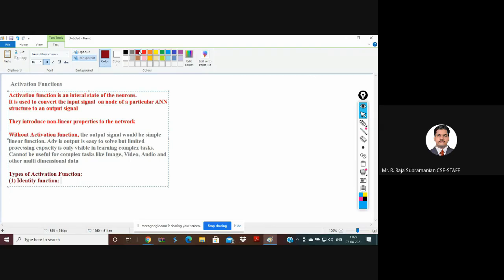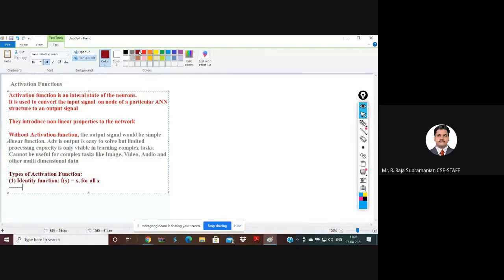We have seen that the activation function should not increase the complexity of the output function. Then what we have to use is this identity function, which says that f of x is equal to x. Whatever input is given is given as output. There is no modification for any x. That is f of x, I'll be giving the same thing.